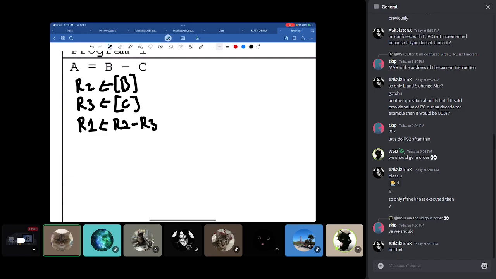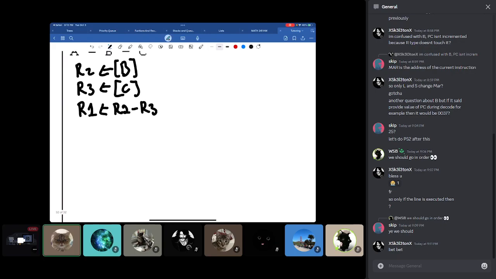So basically, R1 right now is equal to B minus C. Because B and C are just addresses, but when we put them into a register, the register stores the data inside the address, not the address itself.